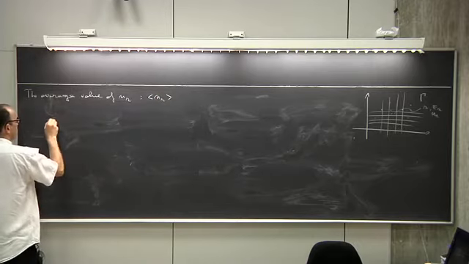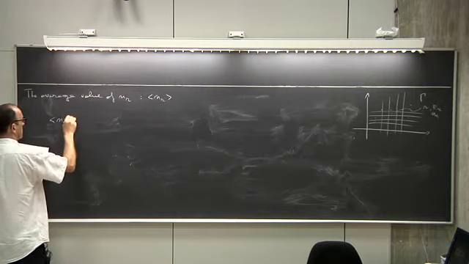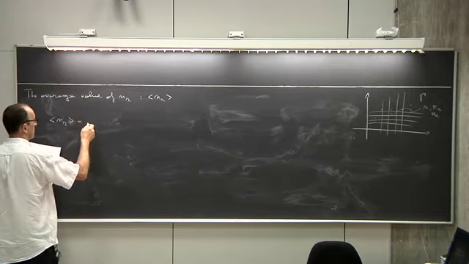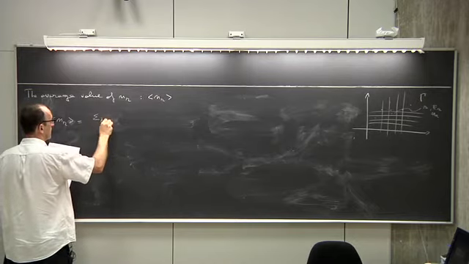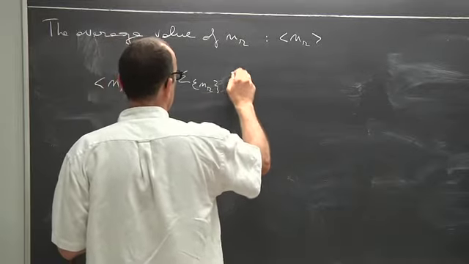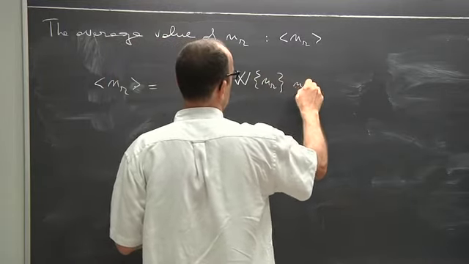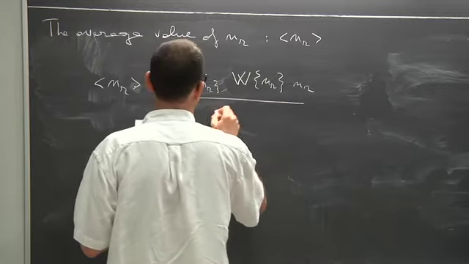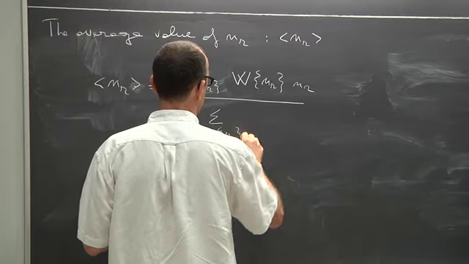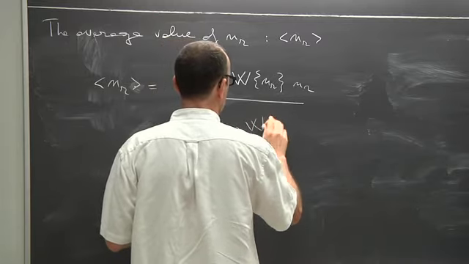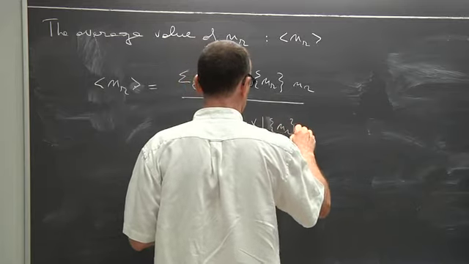This average value of nr is, by definition, the sum over all the nr times this W of nr times nr divided by the sum over nr of W of nr.